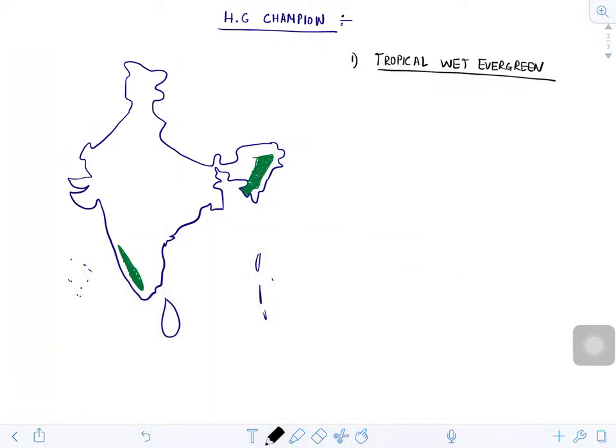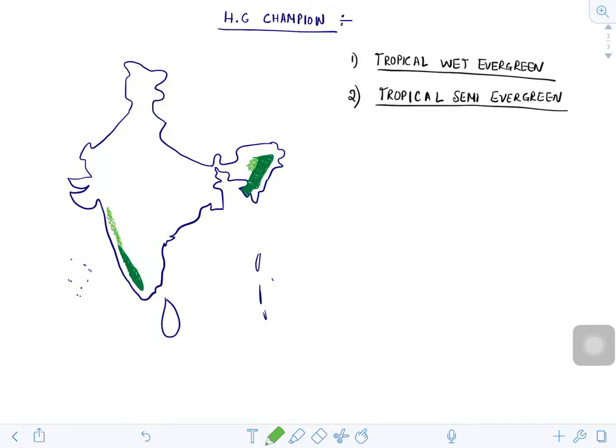Second, let's go on to classify the second subheading, that is tropical semi-evergreen. Bear in mind, such types of forests are found near the tropical wet evergreen. Near the tropical wet evergreen you will find tropical semi-evergreen, in this area, or you will find it in the other part of the Western Ghats.